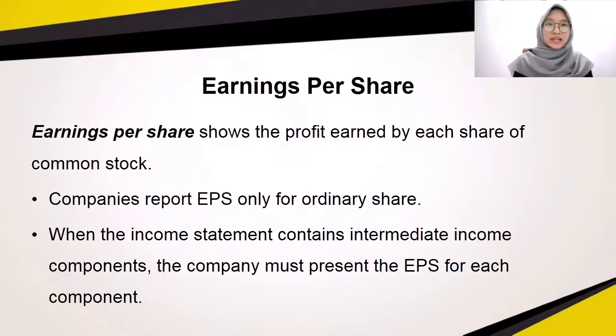When the income statement contains intermediate income components, the company must present earnings per share for each component. And when the income statement contains discontinued operations, companies are required to report earnings per share from continuing operations and net income on the face of the income statement.